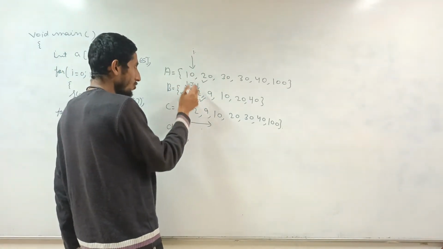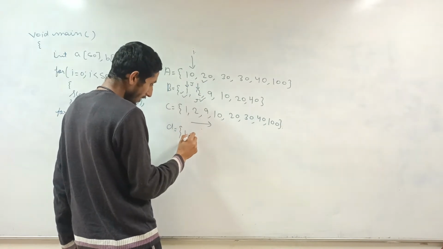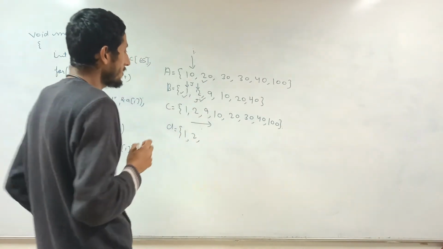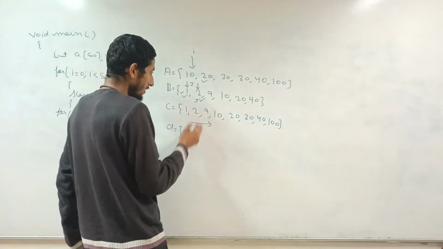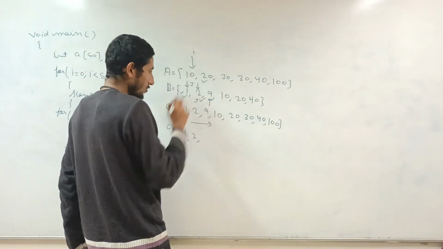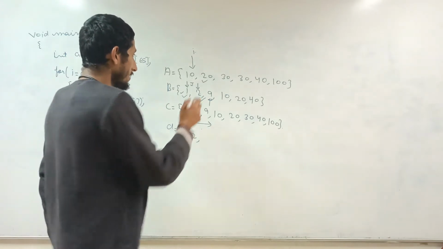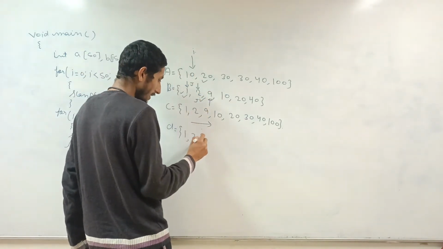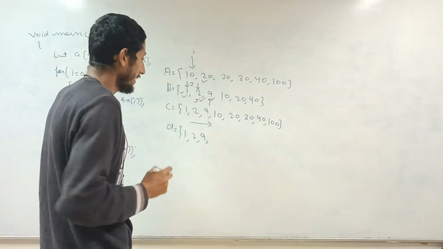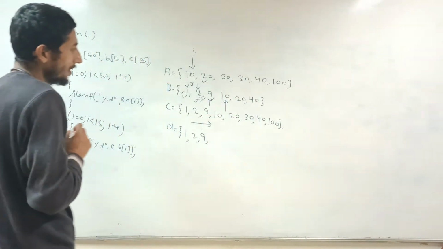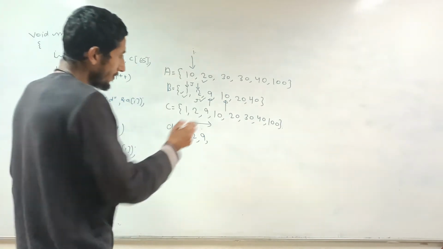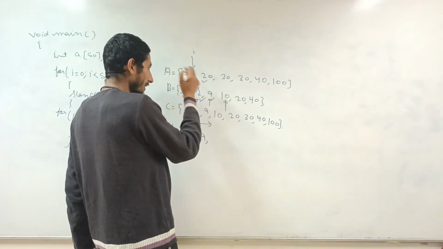So 2 and 10 will be compared and 2 will be copied here, because 2 is smaller than 10. Again I will increment the value of j. Then 9 and 10 will be compared, and 9 will be copied here, and I will increment the value of j. But the moment my compiler control comes here, 10 and 10 will be equal.